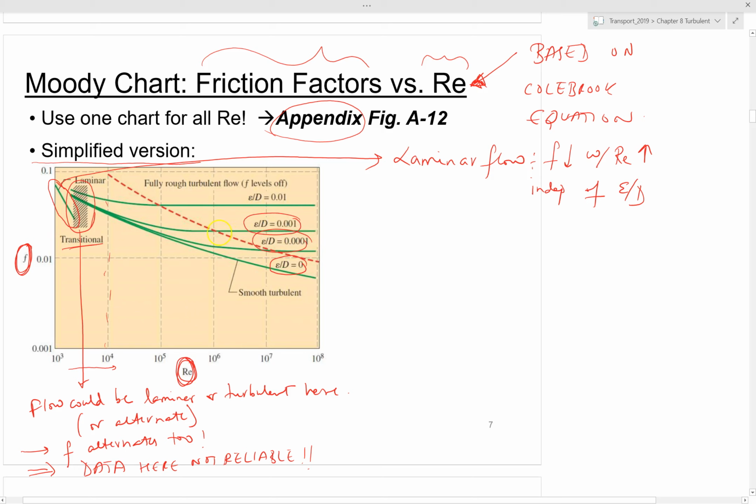Depending on this ratio, you are going to get these curves. However, there is a red perforated line. This line marks the point past which flow is fully turbulent.